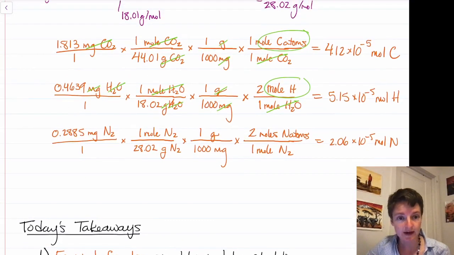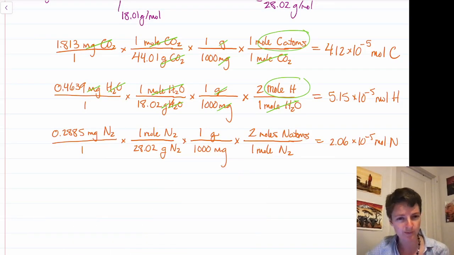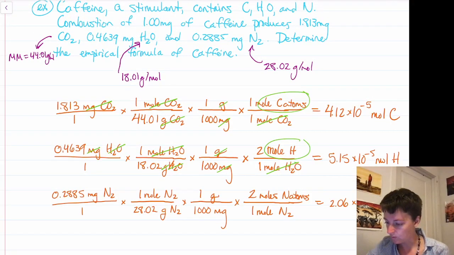So that takes care of 3 of my 4 elements, but before I can determine the full empirical formula, I need to figure out how many moles of oxygen are present. And what's really good to note in this case is that we know, and the fact we haven't used yet, is that we have 1 milligram of total compound.